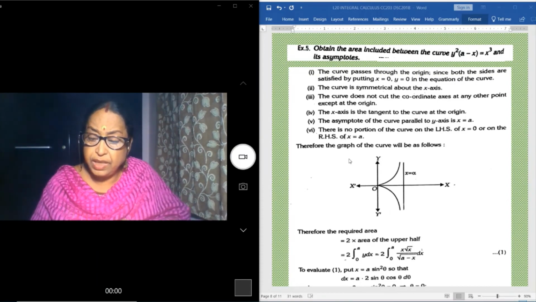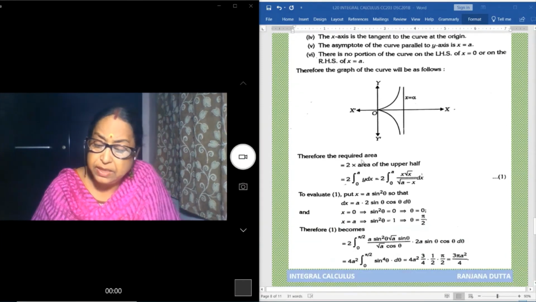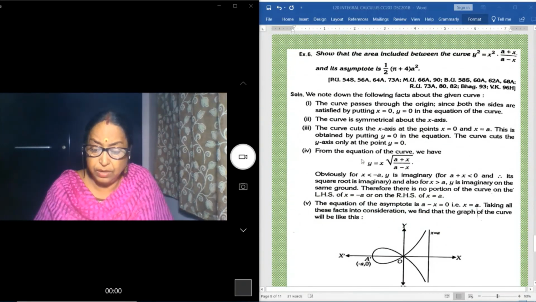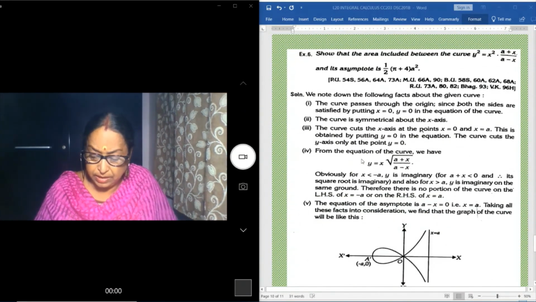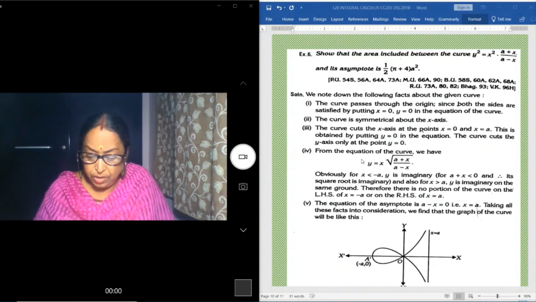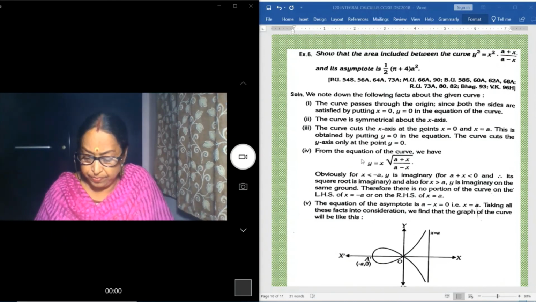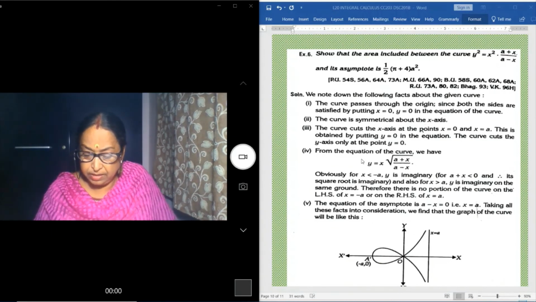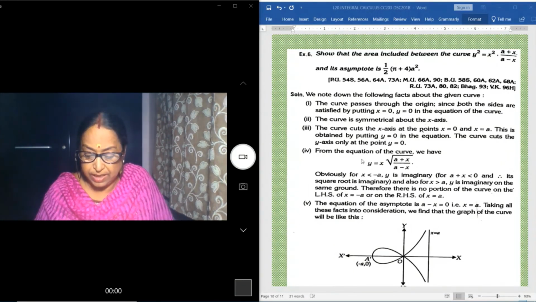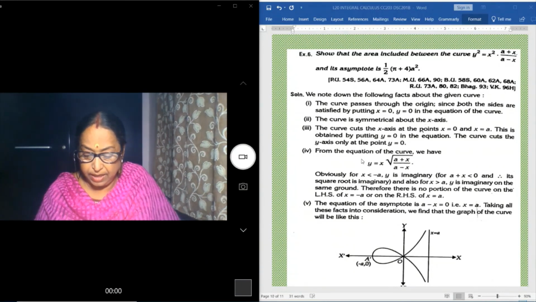Now again show that the area included between the curve and its asymptote is this one. So you can plot the curve as you can see. After plotting, you are to find the whole area of the curve. Here 2 times, on the x-axis you can see 2 times integral 0 to a y dx.